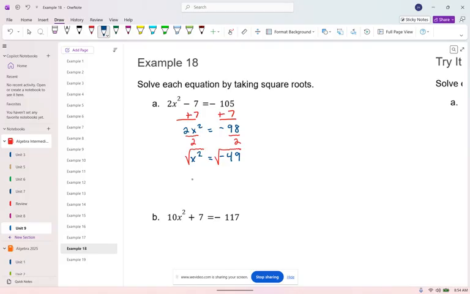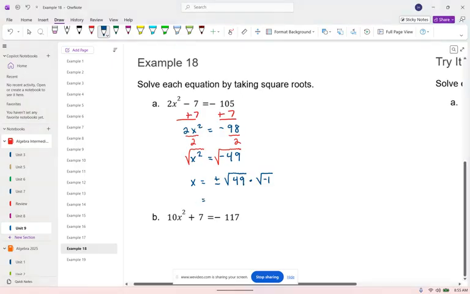Okay, and on the left, we'll have x equals positive or negative square root of negative 49. Now, I can rewrite the square root of negative 49 as the square root of 49 times the square root of negative 1. I can take the square root of 49 to get positive or negative 7, and then the square root of negative 1 is just abbreviated as i for imaginary number.